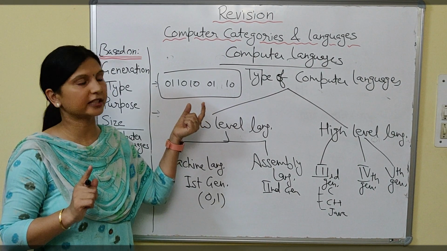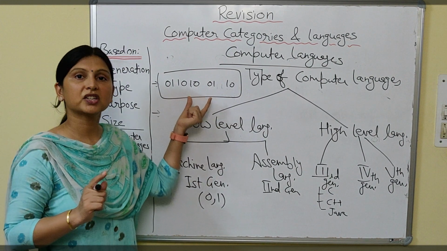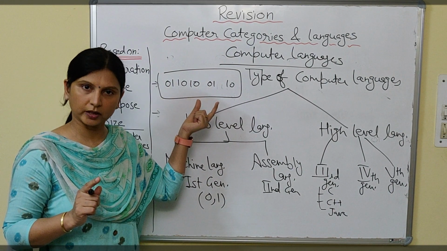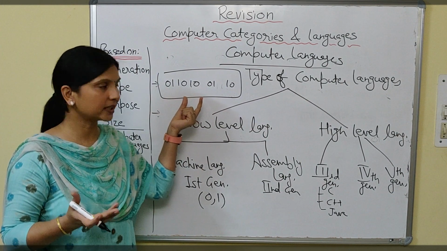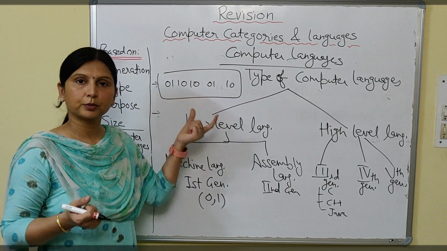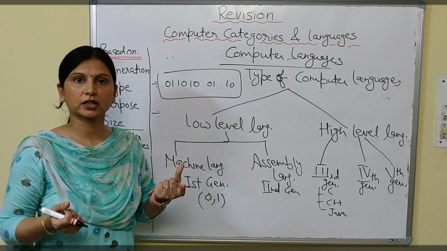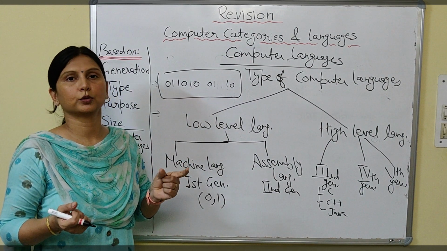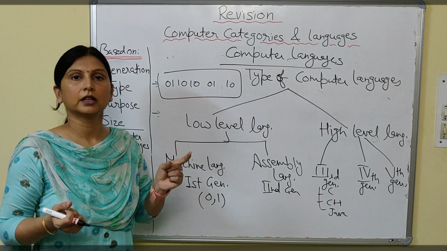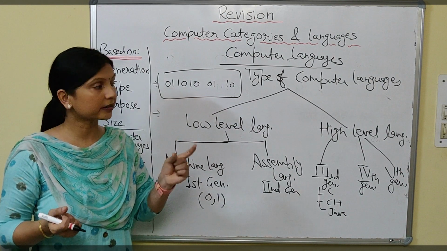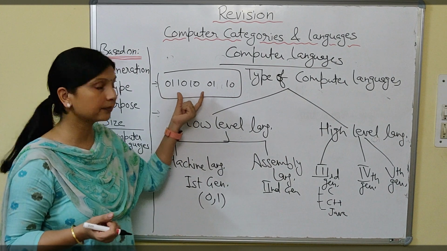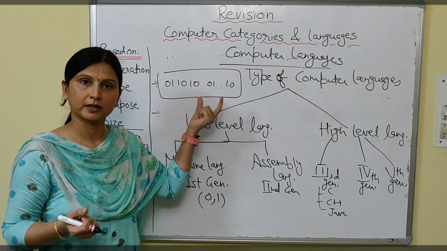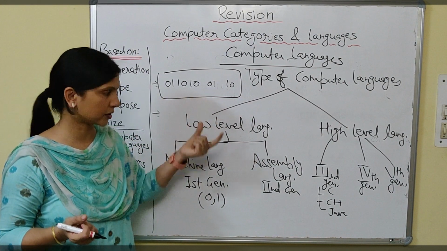And the second disadvantage: it's a machine dependent language. What do you mean by machine dependent? Machine dependent means that on the particular computer, on that particular hardware where you write the instruction, you can run the program. You cannot run the program on any other machine. So this was the biggest disadvantage.